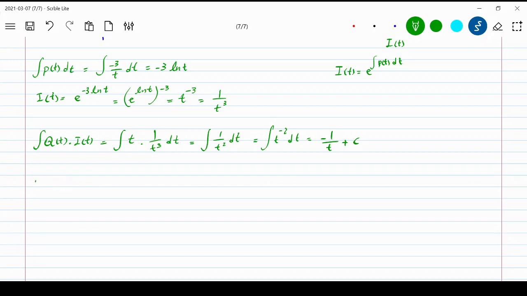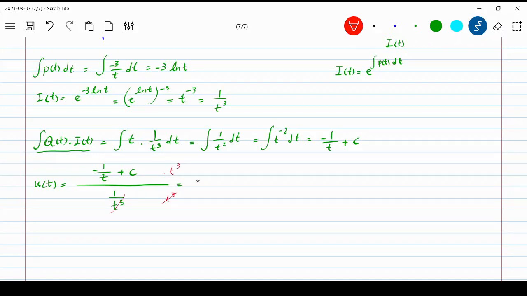Then what is u of t finally? It would be the integration that we got from q of t times the integrating factor, which is negative 1 over t plus some constant c, all divided by the integrating factor, which is 1 over t cubed. You can simplify it by multiplying t cubed in the numerator and denominator to get rid of this t cubed here.